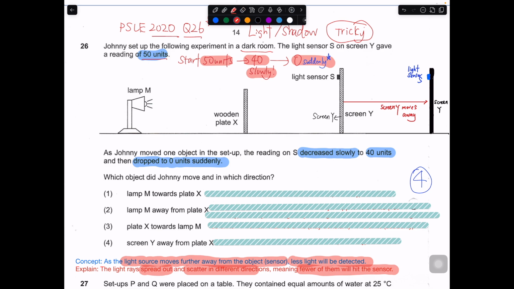And what I'm going to do is draw a light ray that is hitting the light sensor. So in this part, let me just draw it. So let's take it as this part here. I'm just going to extend this out. Any part from lamp M hitting this part.